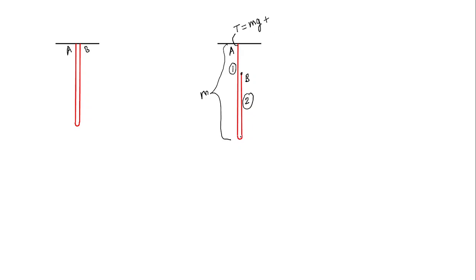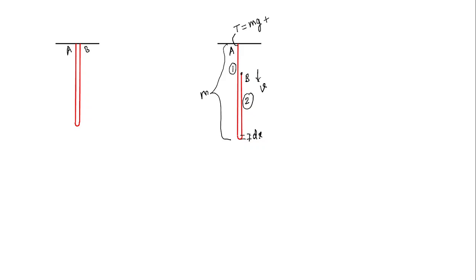Let us see what is happening at this small end. At some point of time, let us say there is a very small length dx, and what is its velocity? Suppose this end is falling down with velocity v.